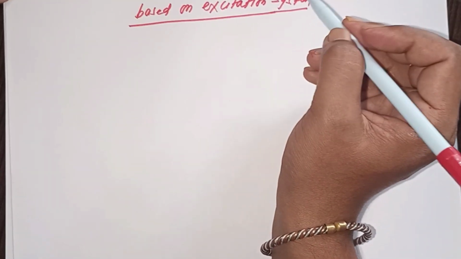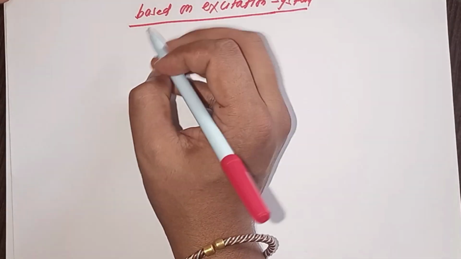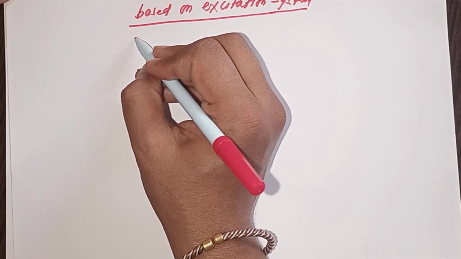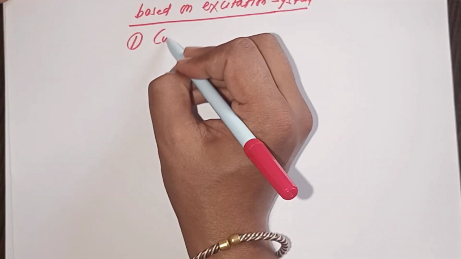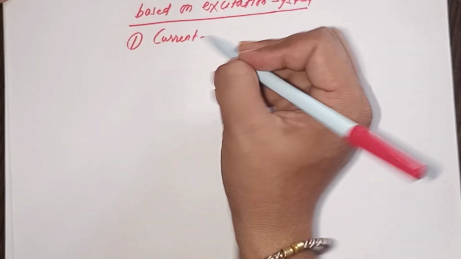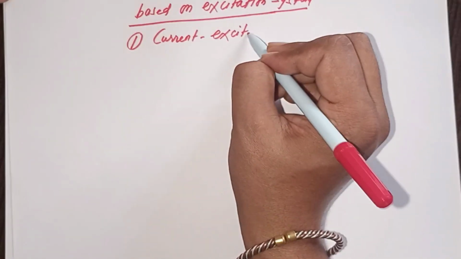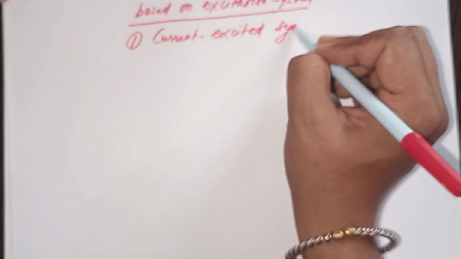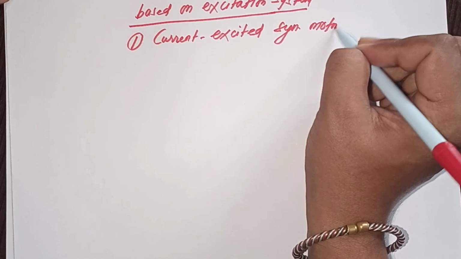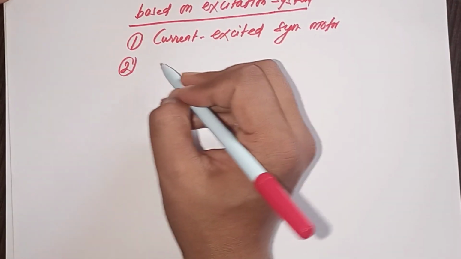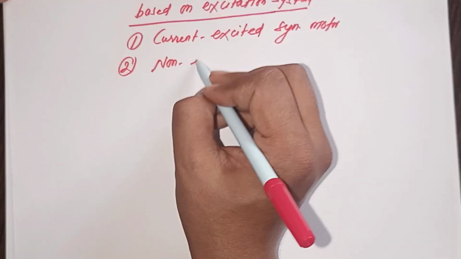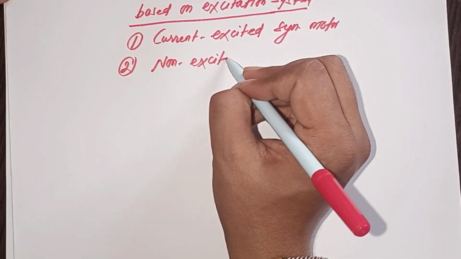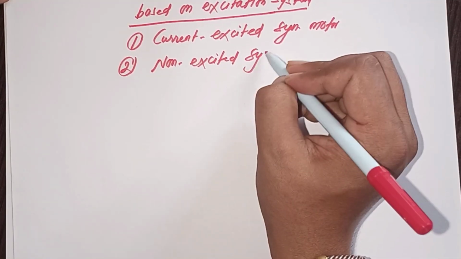Based on excitation system, synchronous motor can be classified into current excited synchronous motor and non excited synchronous motor.